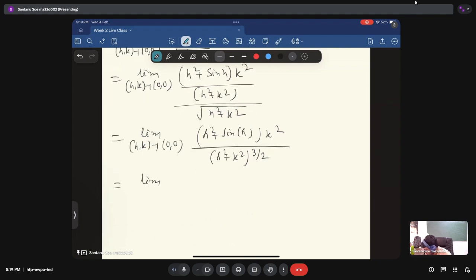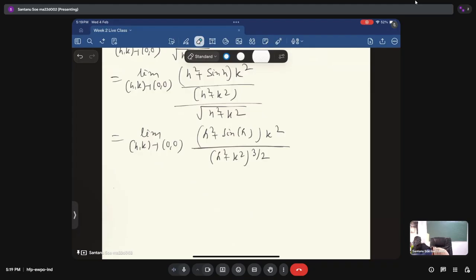Okay, so now we'll show that this limit does not exist. If we show that this limit does not exist, then we can clearly say that this limit is not going to 0, and hence the function is not differentiable at (0, 0). Because if the function is differentiable at (0, 0), then this limit should go to 0.